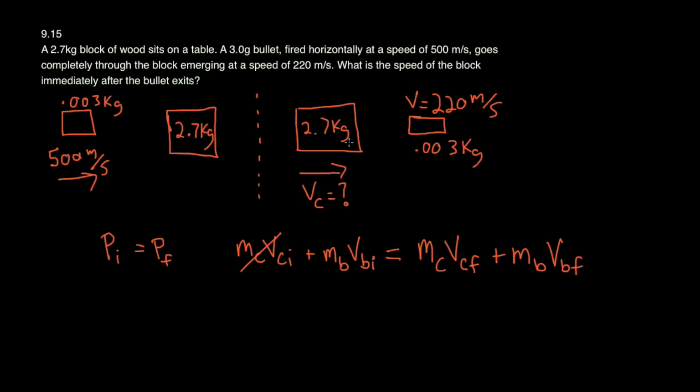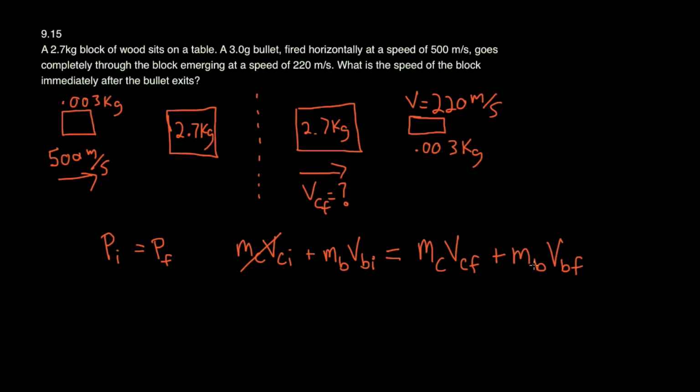Okay, so what we're trying to figure out is the velocity of the cube final. And so we know everything else, right? We know the mass of the bullet, we know the velocity of the bullet initially, and we know the mass of the cube. We don't know this, what we're trying to find out. We know the mass of the bullet, and we know the velocity of the bullet final. So all we have to do right now is just rearrange.